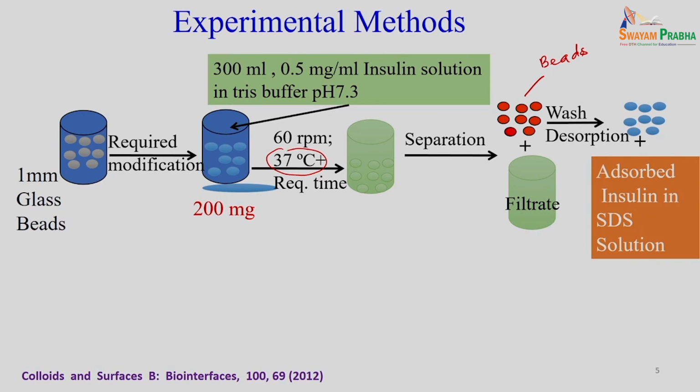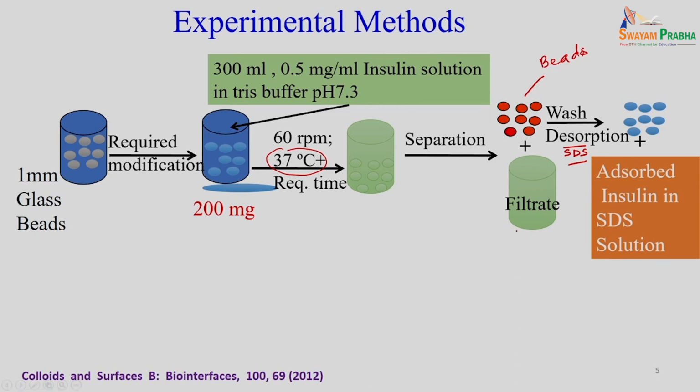Then you have to wash the beads and then we can dissolve the adsorbed protein using, let us say, SDS, any surfactant. After the desorption we have the adsorbed insulin in the SDS solution.